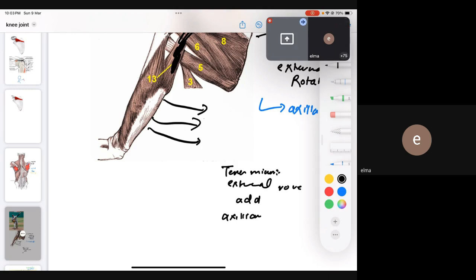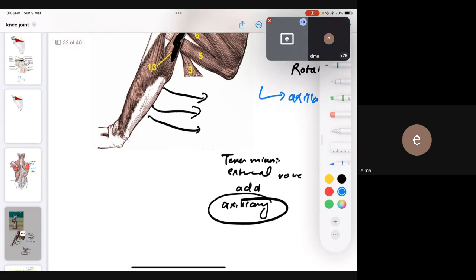Regarding the axillary nerve, in which kind of shoulder dislocation do we have damage or compromise of the axillary nerve? One of your UL MCQs: anterior dislocation or posterior dislocation? Anterior dislocation.